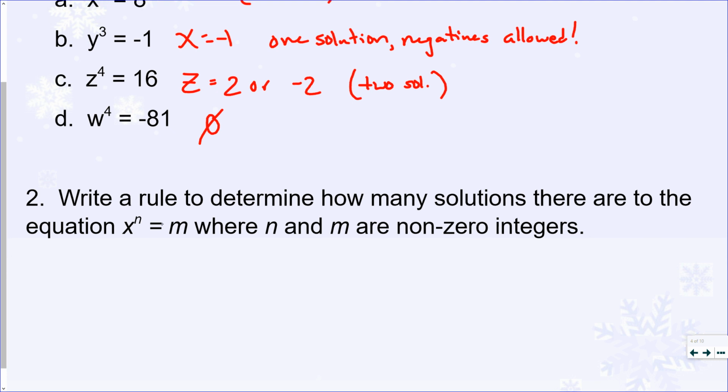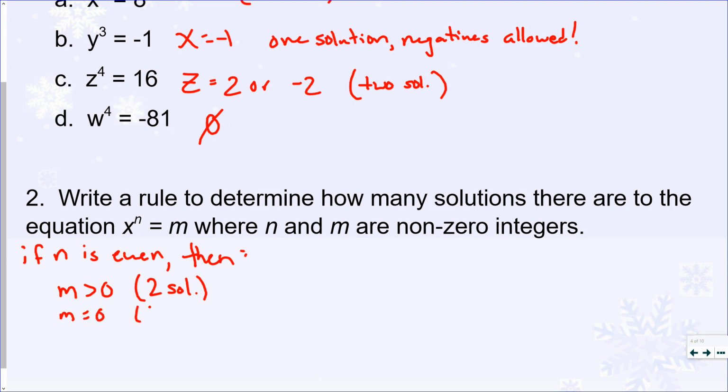So when you have an equation of this form, x to the n equals m, if n is even, then if m is greater than 0, 2 solutions. If m is equal to 0, 1 solution, and usually that's a 0.